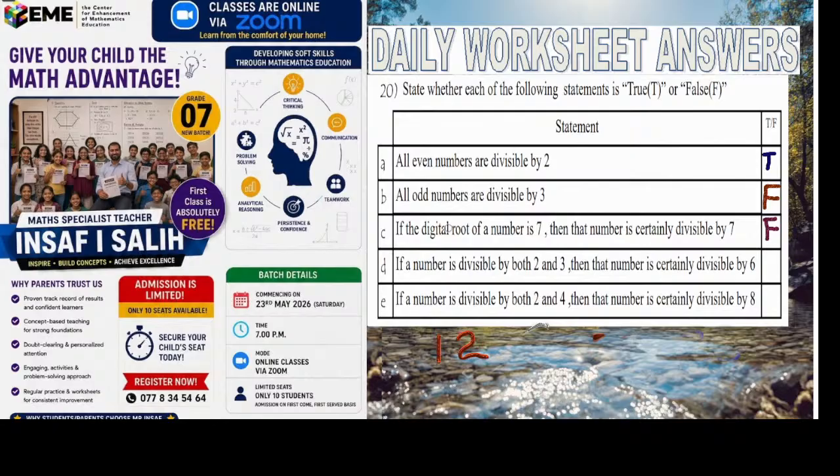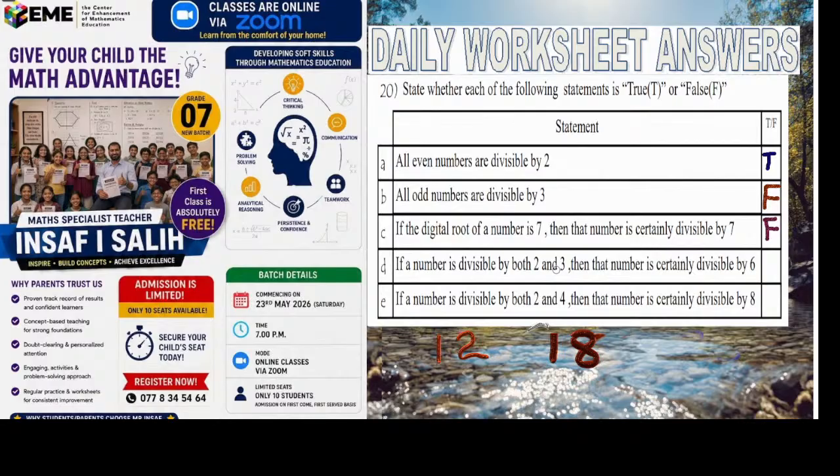Think of a number that is divisible by both 2 and 3. In the 3 times table, after 12 comes 15. But 15 is not divisible by 2. We've got to think of numbers which are divisible by both 2 and 3. How about 18? 18 is an even number, so it is divisible by 2. And 18 appears in the 3 times table too. So 18 is a number which is divisible by both 2 and 3.